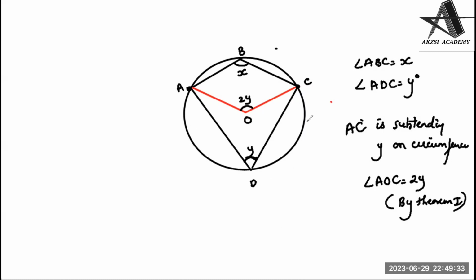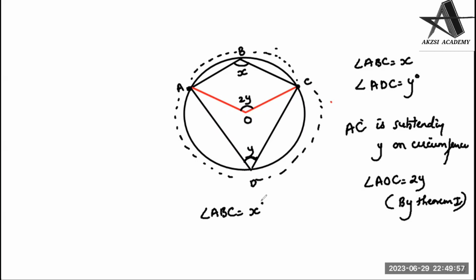Similarly, previously I was talking about the minor arc, the smaller arc that was making angle D, or Y, at the circumference. Now if I see this one, the major arc, the larger portion, this arc is subtending angle ABC at the circumference. So angle ABC is equal to X degrees.